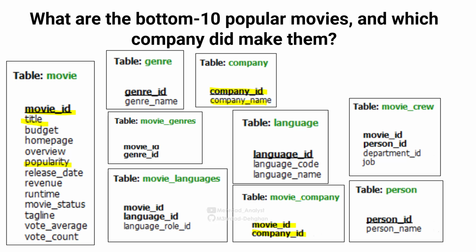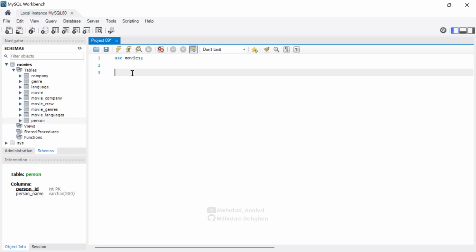So let's answer this question in MySQL. Now let's answer the question. For doing this, I select title from table of movie, and again movie, popularity, and yeah, this one from movie.